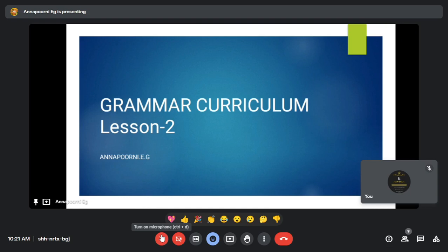Assertive sentences, interrogative sentences, imperative sentences, exclamatory sentences, positive and negative sentences, ma'am. Yeah, very good. This is how we began our grammar sessions. And after that, in the last class, we studied the three important helping words. What were they? Can you tell them?